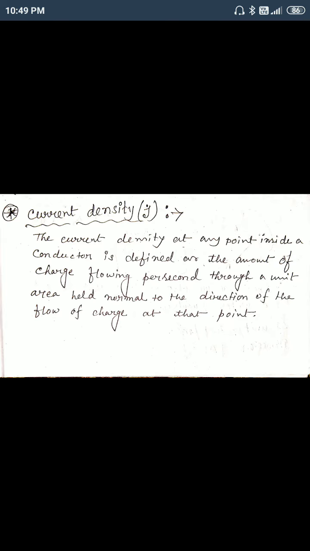So it is the amount of charge flowing per second through a unit area held normal to the direction of the flow of charge at that point.